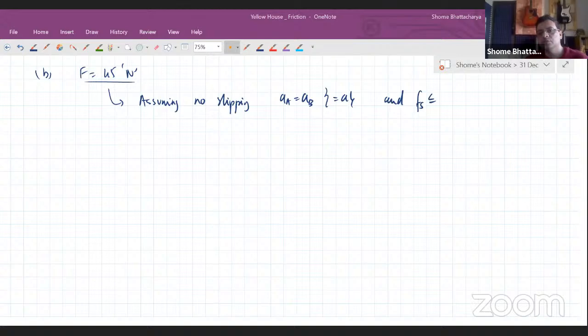Static friction's limiting value was how much? 12.5 newtons.